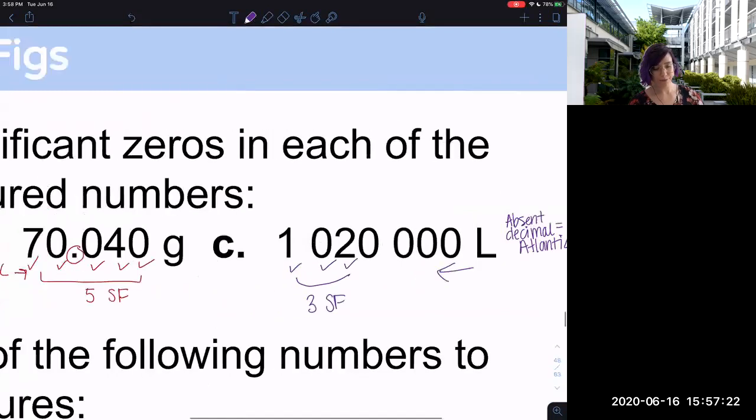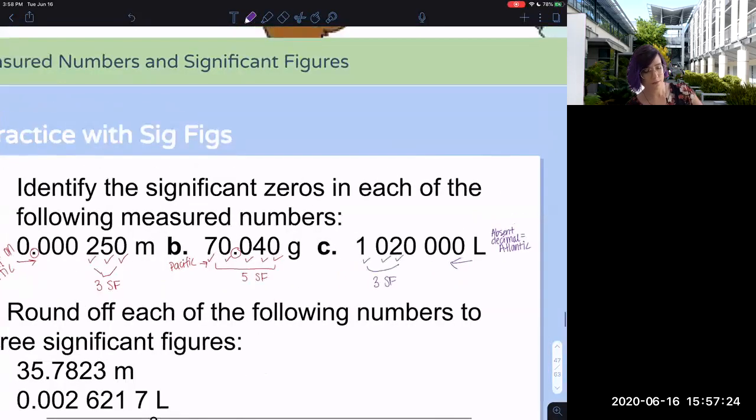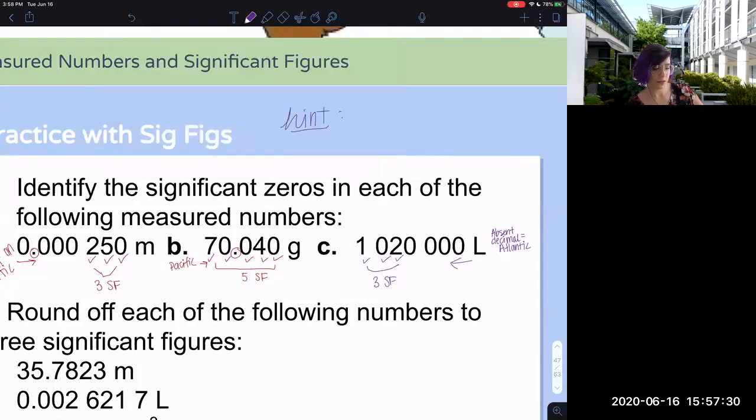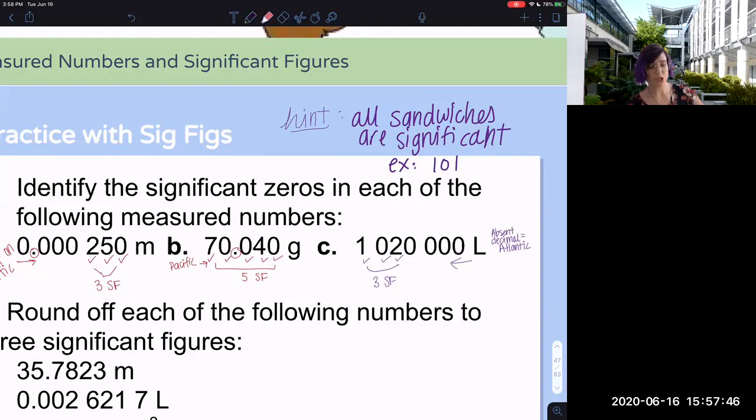So here's a hint. All sandwiches are significant, y'all. All sandwiches are significant. And this means that all zeros that are in between 2 numbers, for example, that's a sandwiched 0.